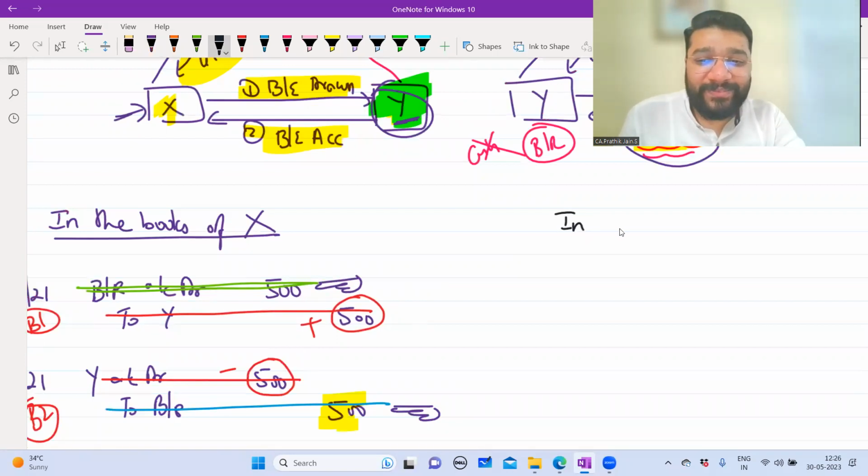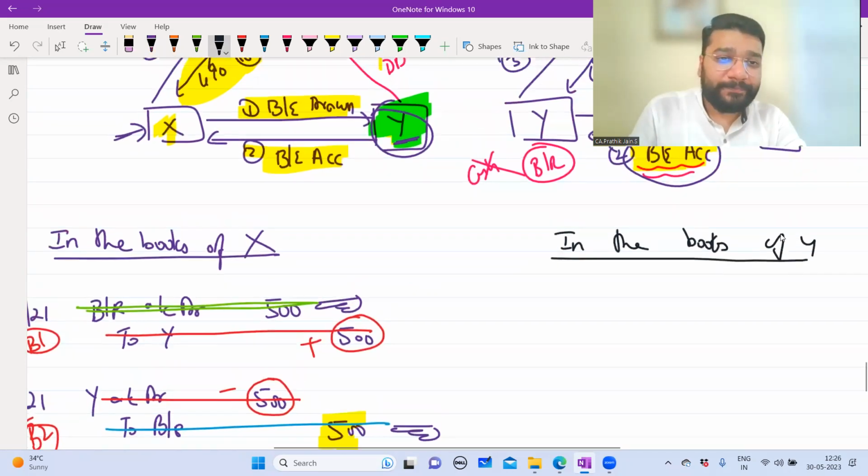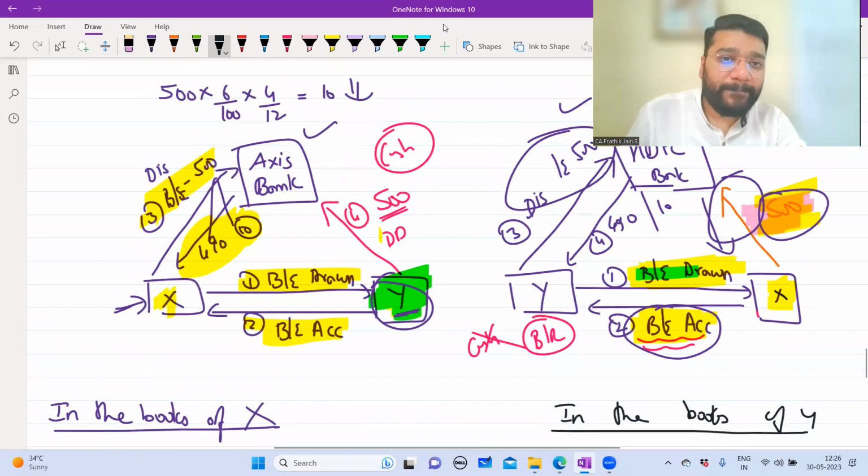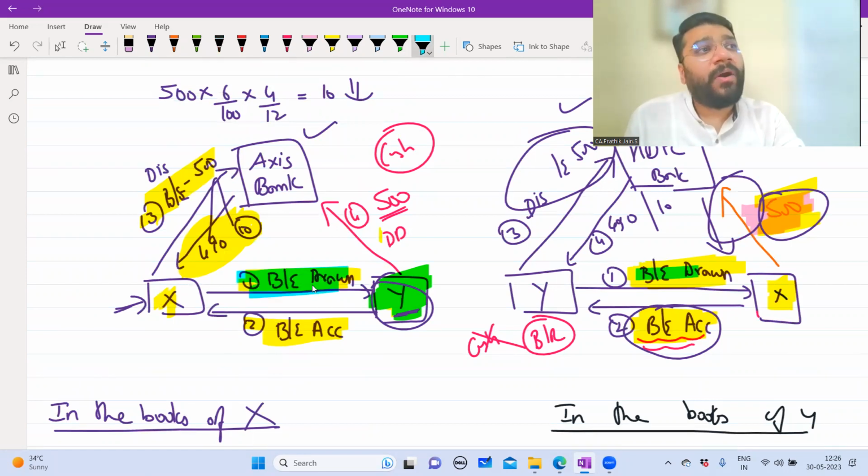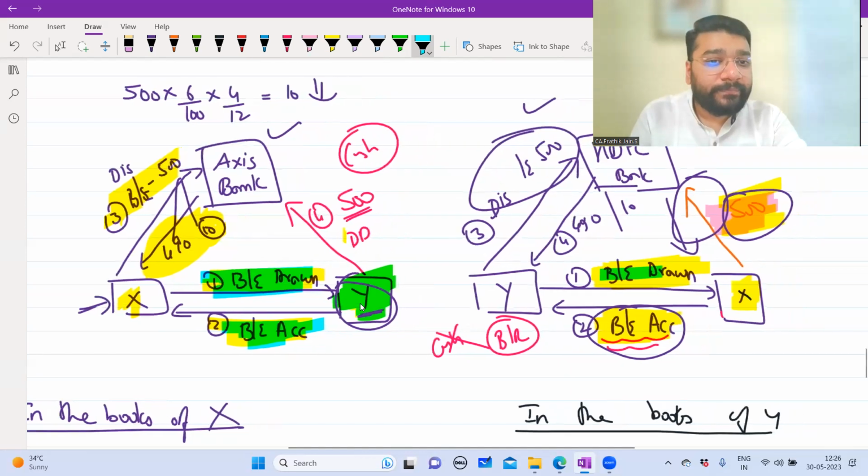Now, in the books of Y. X has drawn a bill on Y. Will Y record the bill drawn? No. Y will record it when accepted. So Y is recording the bill accepted. So for Y, is it bills receivable or payable?